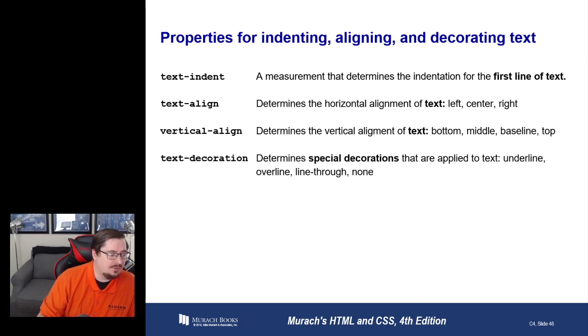I'd say more often than not, baseline is usually a better choice over middle alignment when you're trying to get those things. But it really depends on the situation. If you're trying to align text in the middle with other things, then middle can be usually better. But if you're trying to align text with other text, then baseline is usually better.